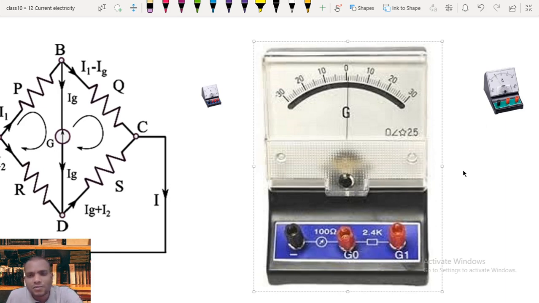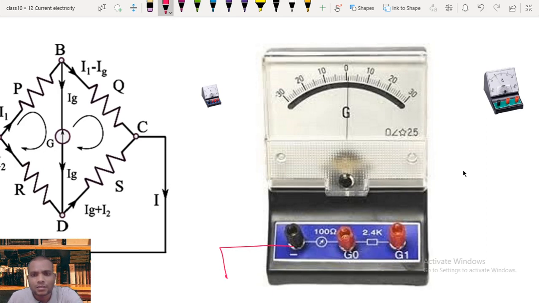It means when current passes through this galvanometer, if you connect it to a cell, just like how resistance opposes current, the galvanometer also opposes it, because it's also made up of certain coils.